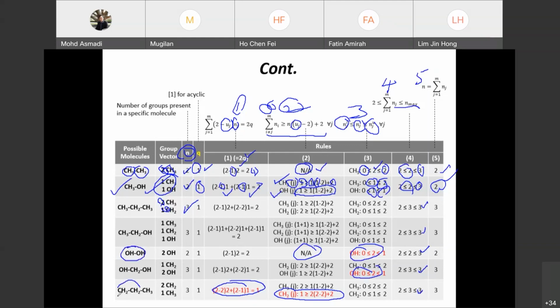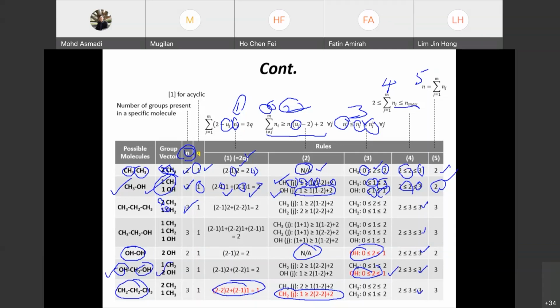Similarly, CH2CH3 is not stable. CH2OH also does not follow the requirement of the question, because the maximum number of OH that can be present is only one, or no OH. This one has 2 OH, that's why it is red. Do you understand this one?